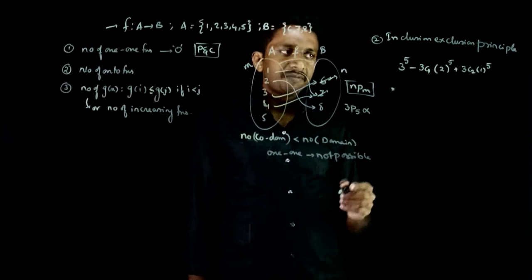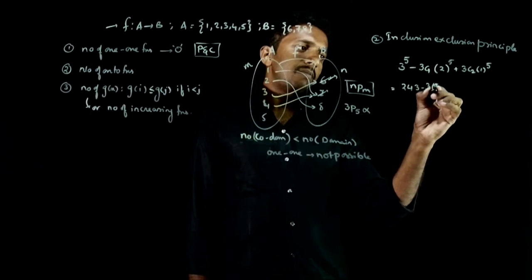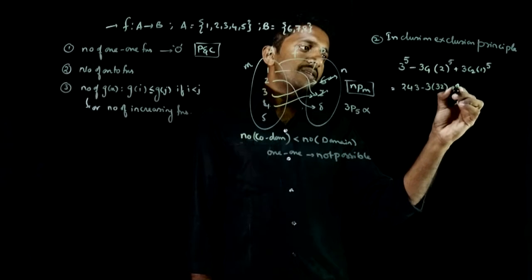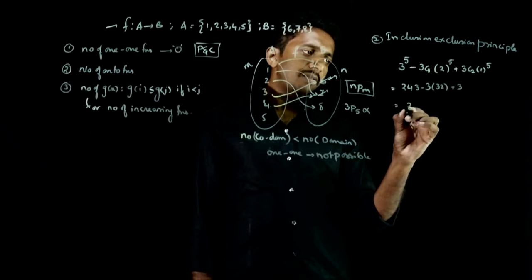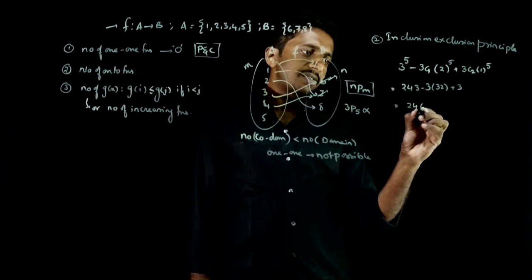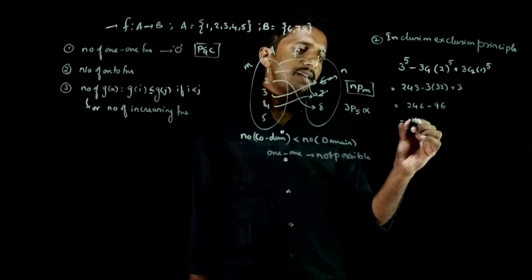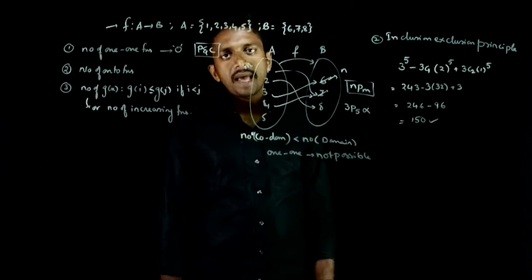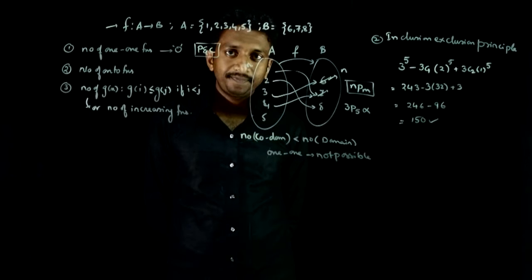That is equal to 3 power 5 is 243 minus 3 into 32 plus 3, that is equal to 243 plus 3, 246 minus 96, that is equal to 150. So you can have a total of 150 different onto functions.